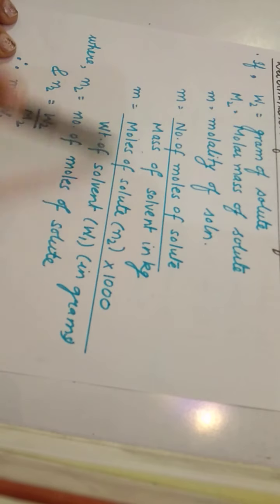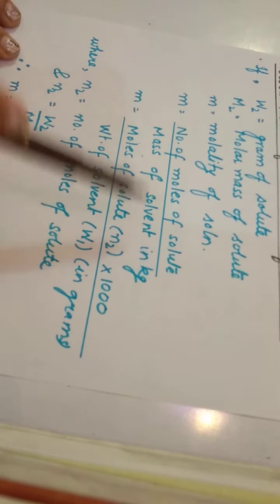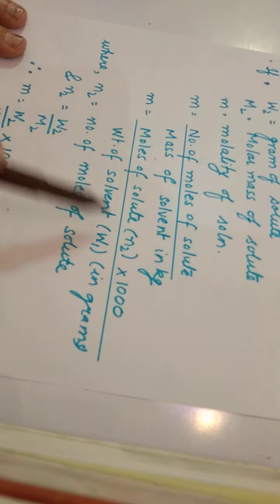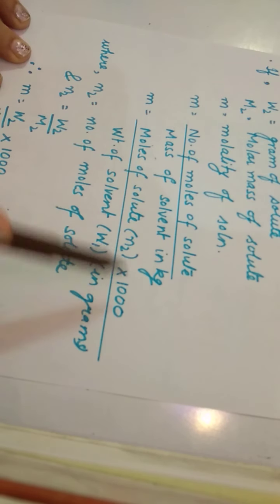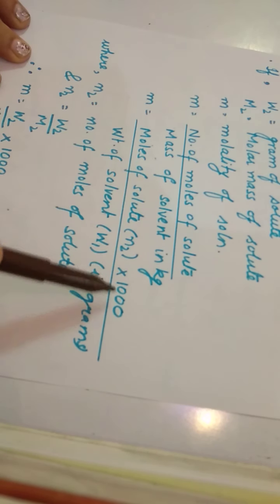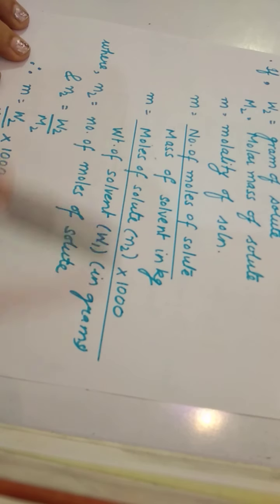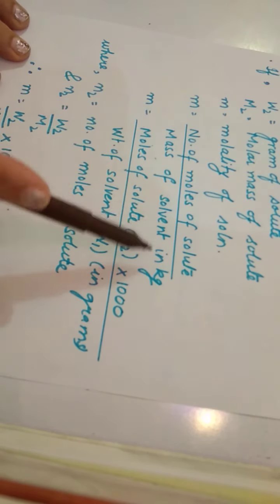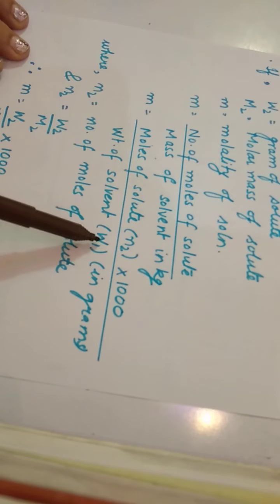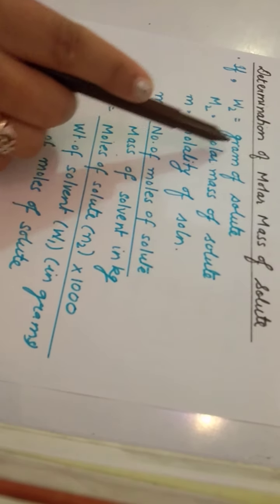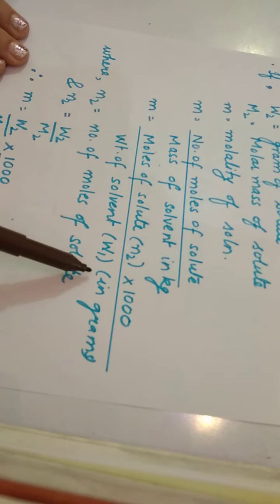Number of moles of solute upon mass of solvent in kg. So children, we will convert kg into gram, multiplying the numerator by 1000. So it will be moles of solute, that is n2 into 1000, upon the weight of solvent in grams, W1.